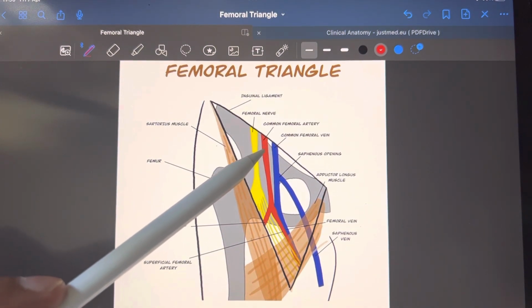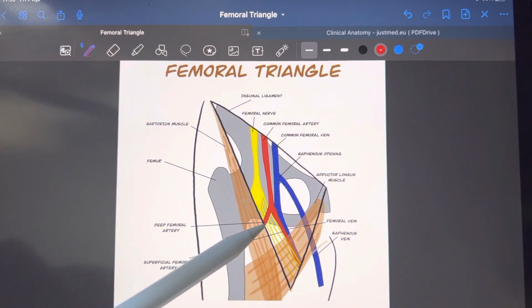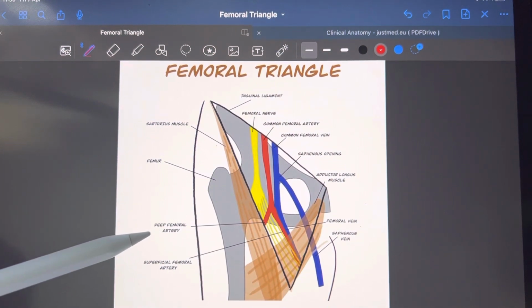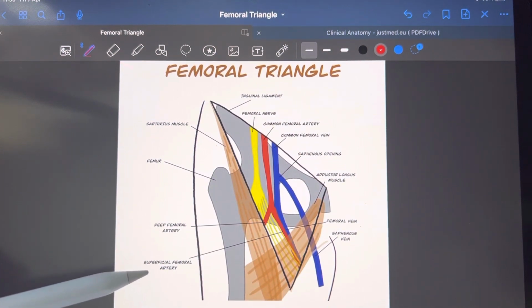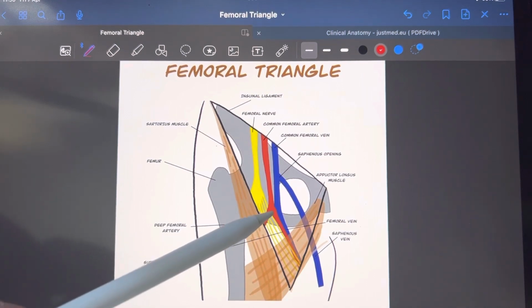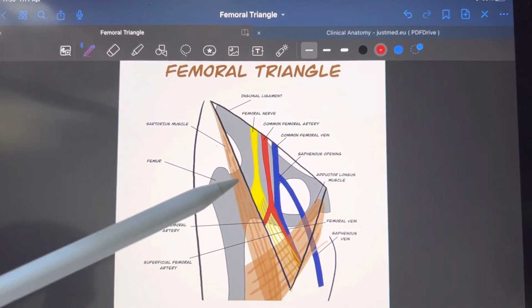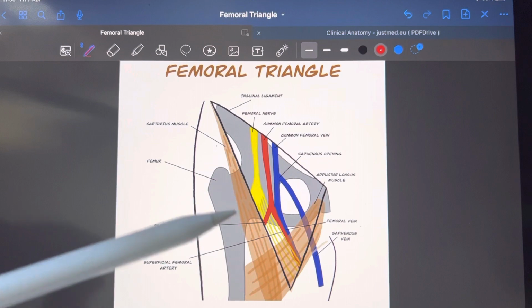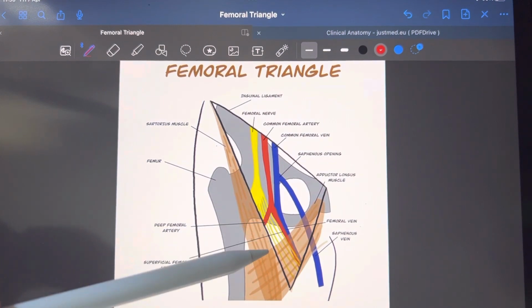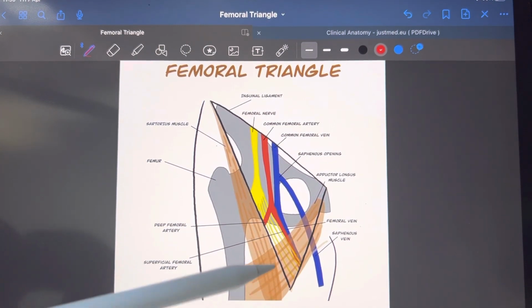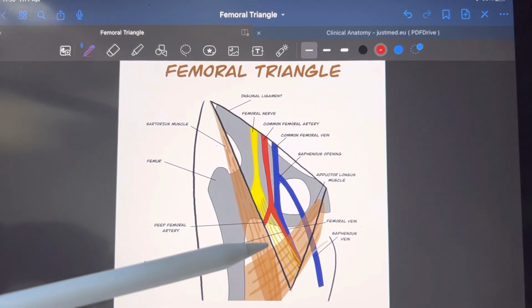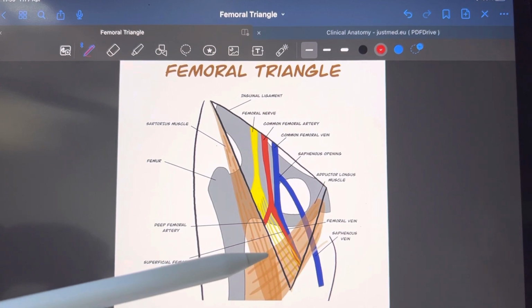Now the common femoral artery can divide into the deep femoral artery and the superficial femoral artery. This can be seen within the femoral triangle, but sometimes this division can occur outside the femoral triangle, and the usual rule that they have is that the division happens about 5 centimeters below the femoral triangle.